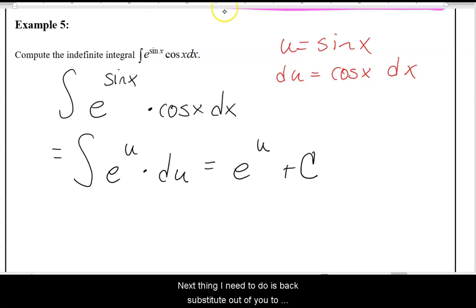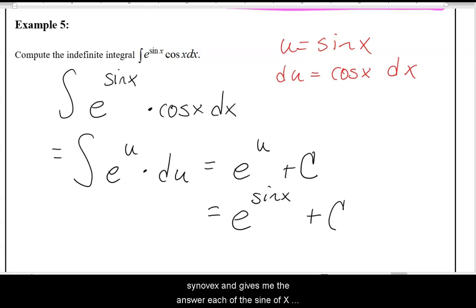The next thing I need to do is back substitute out of u to get back to the original variable in the differential, which was dx. Back substitution leads me to replace u again with sine of x and gives me the answer e to the sine of x plus a constant.